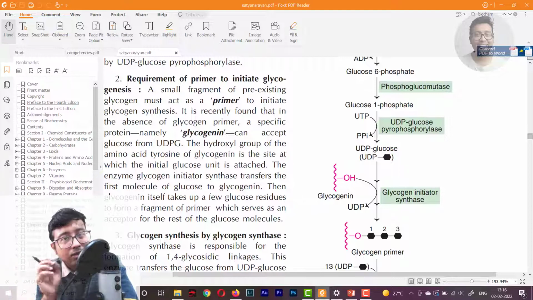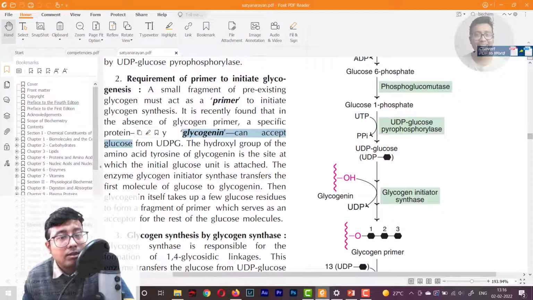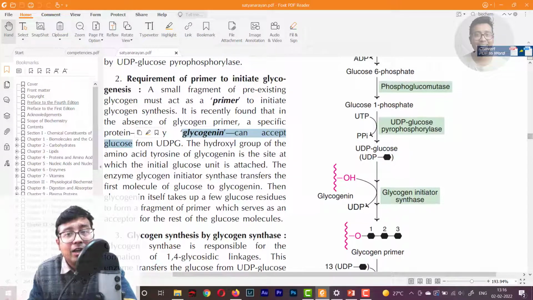Often what happens, to start with, either we need a small glycogen molecule or this protein glycogenin, they can accept glucose. And how is the glucose added? Can glucose simply go and join? No, glucose needs to be activated by combining with uridine diphosphate, or UDP.